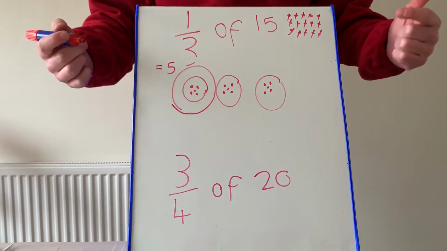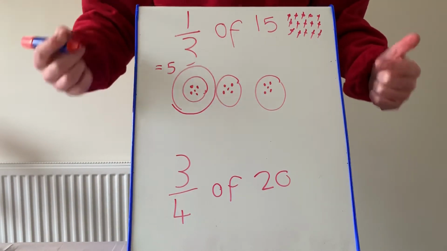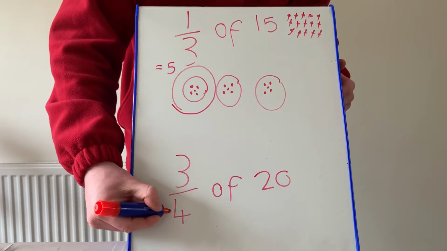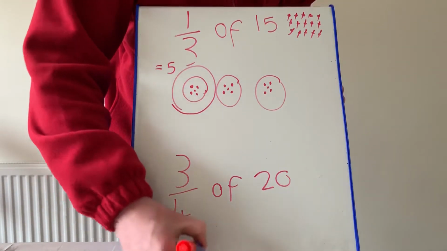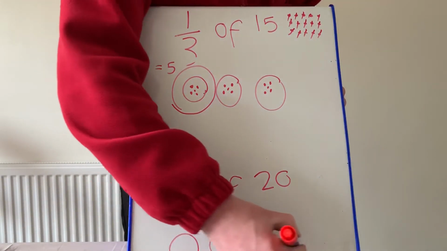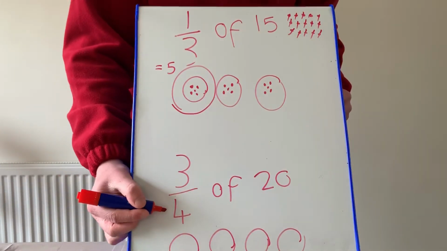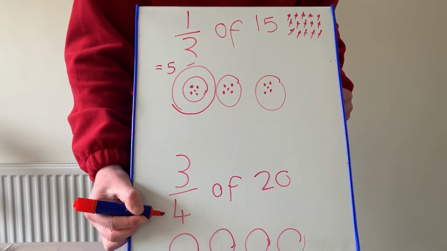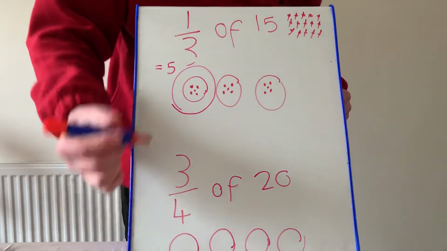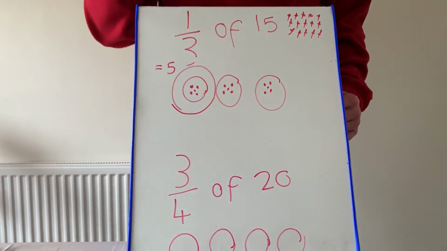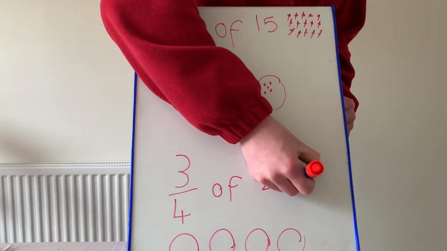Okay, what I'm going to do this time is exactly the same thing. What am I dividing by? 4. Remember, denominator, down, divide. All of the D's. How many P's will I need? 20.